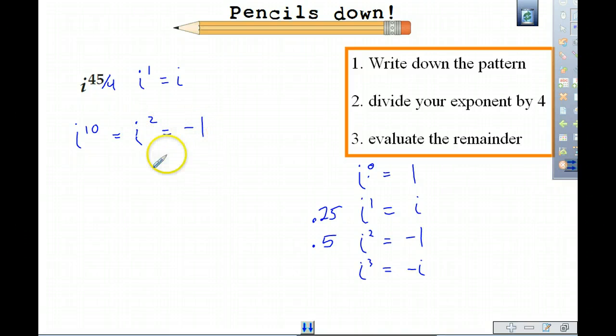Equals -1. i to the 67. What do you get there? 67 divided by 4 is something point 75, which means the remainder is 3.